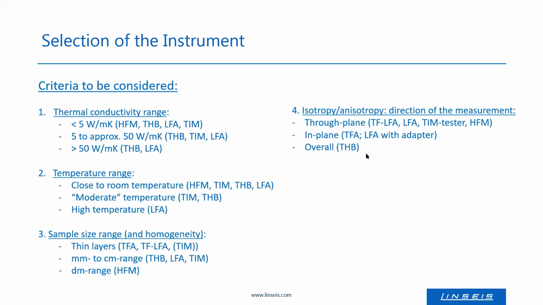And the Transient Hot Bridge measures an overall thermal conductivity. And last but not least, if you have to purchase an instrument, its price can be interesting as well. Laser flash analyzers being the most expensive analyzers, while the heat flow meters are the cheapest ones.